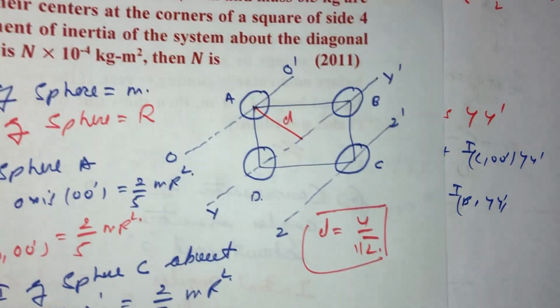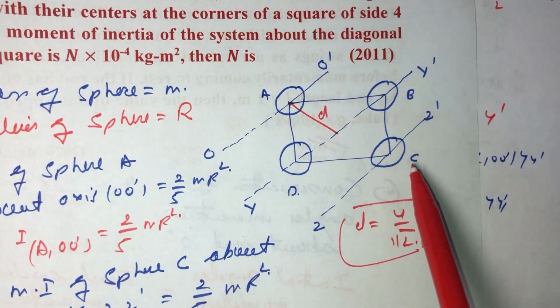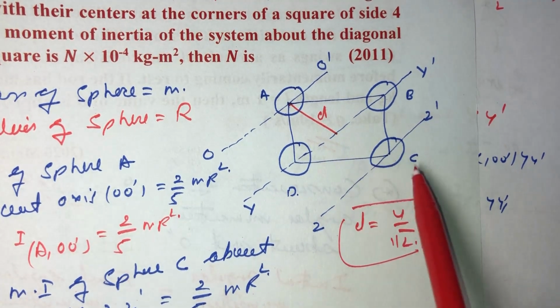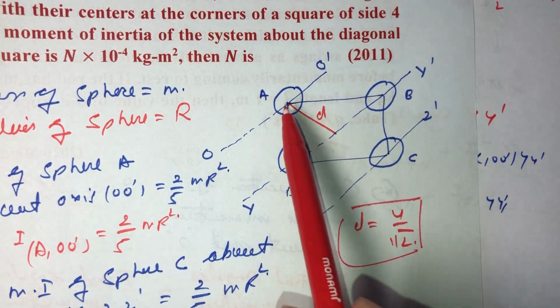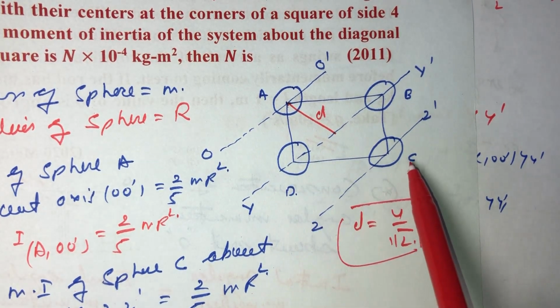Now the perpendicular distance between A and axis y prime and C and the axis y prime is the same, they are basically symmetrical. So whatever moment of inertia of A is there with respect to y prime, the same moment of inertia will be of C also.